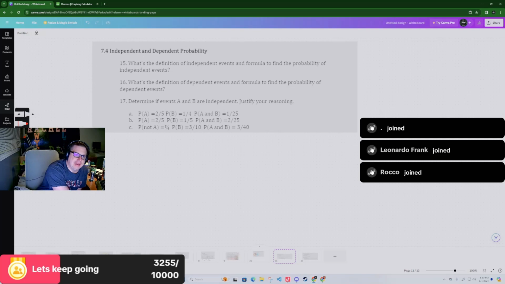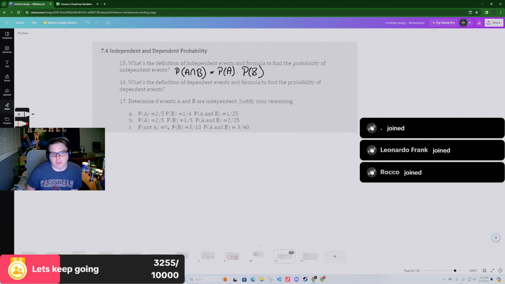7.4, independent and dependent probability. What we just finished. What's the definition of independent events and to find the probability of independent events? So the definition means that one probability has no effect on the other probability. So if we wanted to do the probability of A and the probability of B, we just need to do the probability of A times the probability of B and multiply those together.